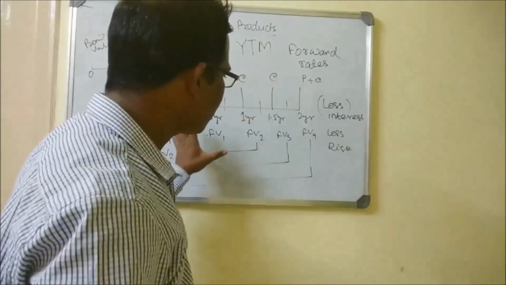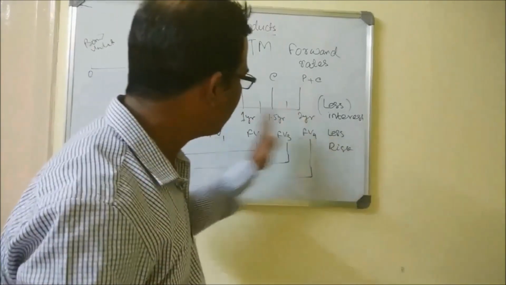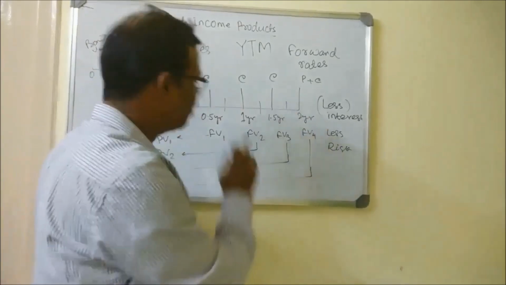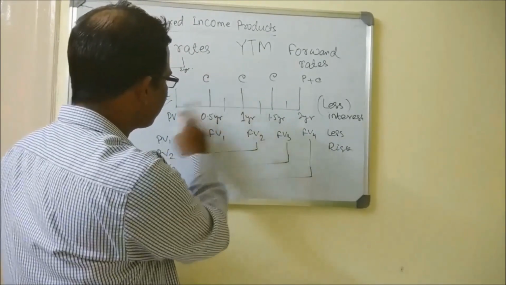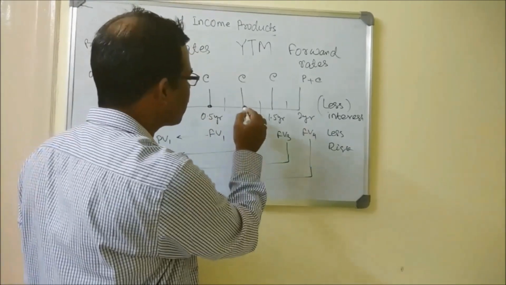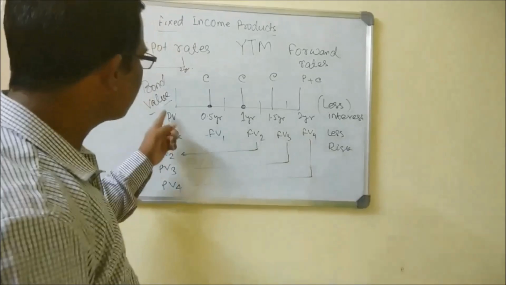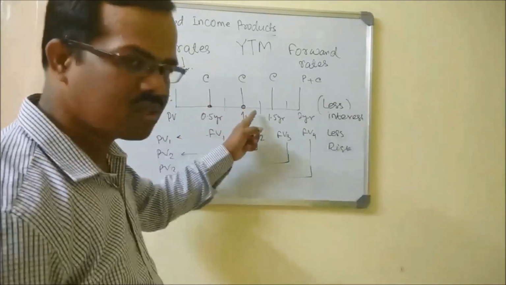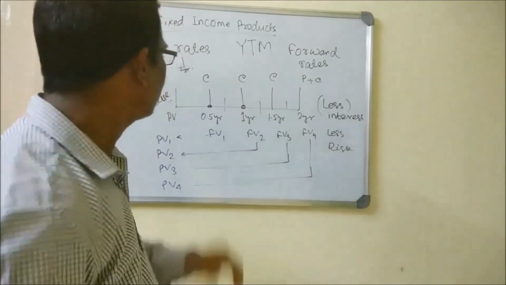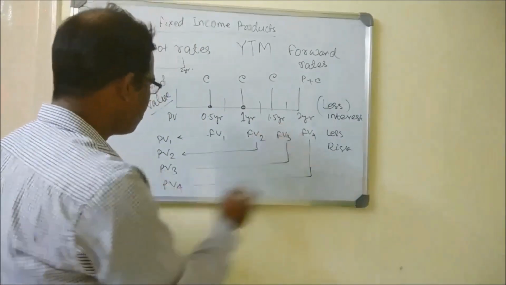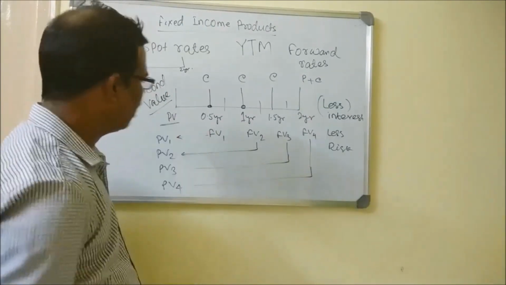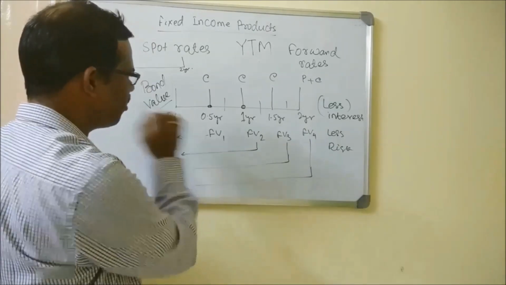Normally we express it, but there is no uniform yield. First of all, we have to appreciate that there is no uniform yield, because this coupon you receive only after 6 months, and this coupon after 1 year. So my interest rate for 6 months is not the same as the interest rate for 1 year, which is not the same as the interest rate of any other maturity. Therefore what I have to do is discount each cash flow at its own rate, find all the PVs, and then take the summation of that.